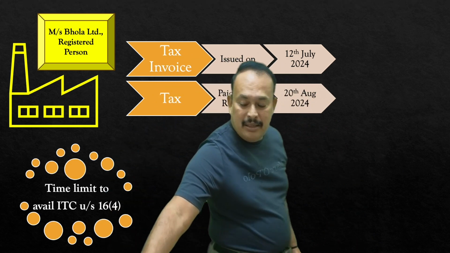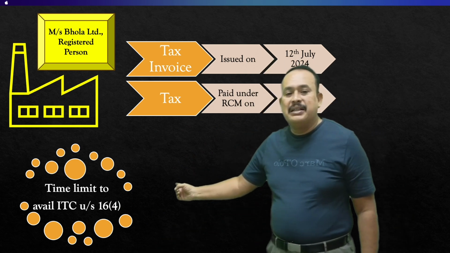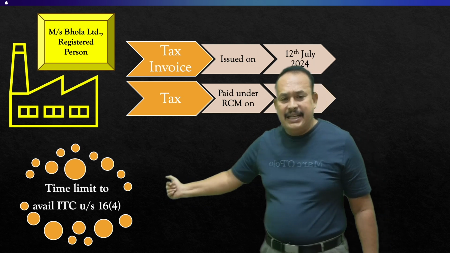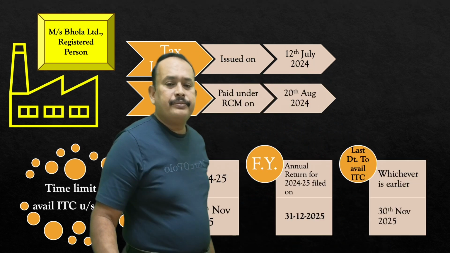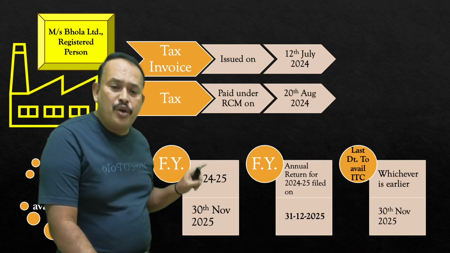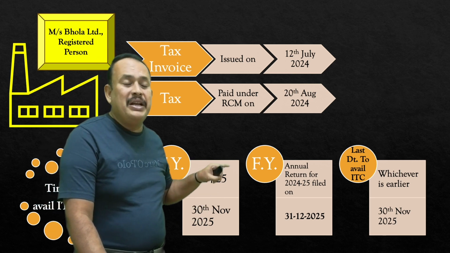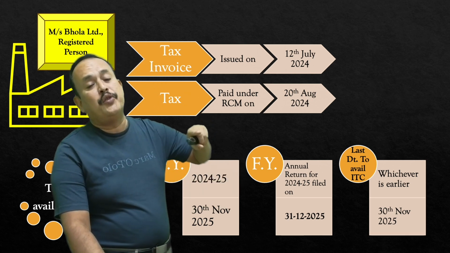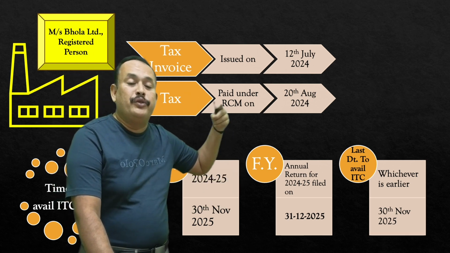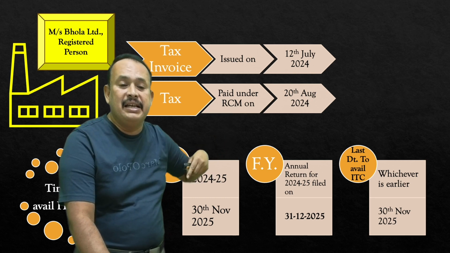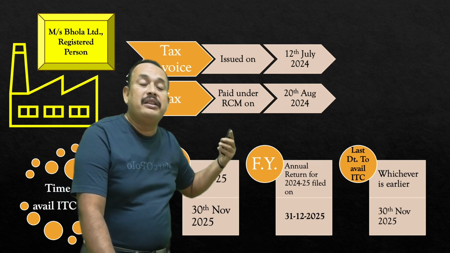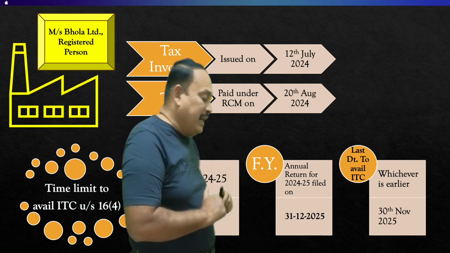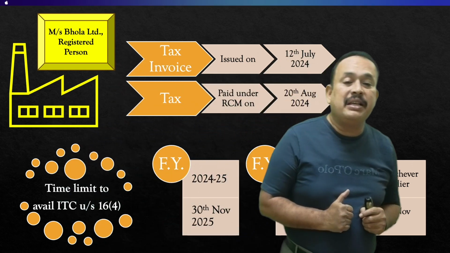In the given case, further I am presenting here. If you refer here, my dear friends, time of supply as per section 16 subsection 4 of the CGST is as follows. For the financial year 24-25, 30th November 2025 is the last date to avail the ITC, compared with the annual return for 24-25, filed on 31st December 2025. Among the two, whichever is earlier is 30th November 2025. That means Bhola Limited, a registered person that received services from an unregistered person under RCM, is eligible to avail the ITC.